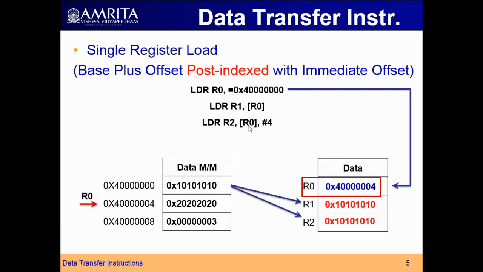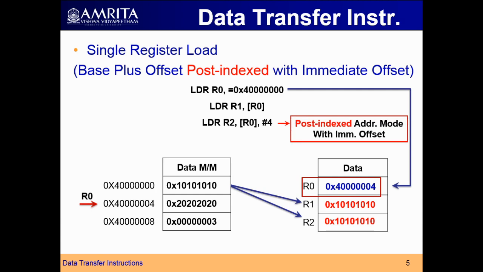You have incremented the address present in R0 by 4. Previously the address was 4000, and you have incremented it by 4. So your resultant address will be 4004 and this address will be updated in R0. So after executing this post-indexed instruction, the address stored in R0 will be updated with the new address, even though you are not putting the exclamation mark.